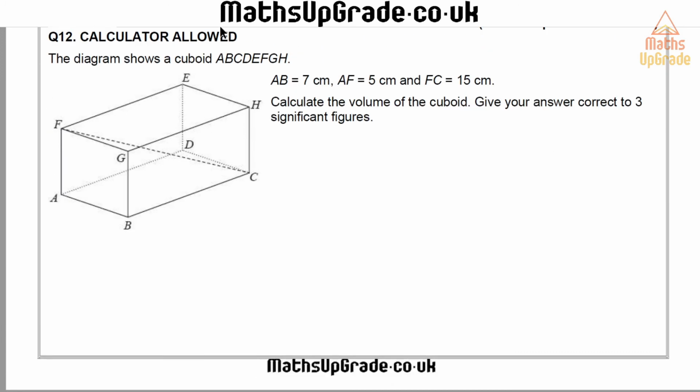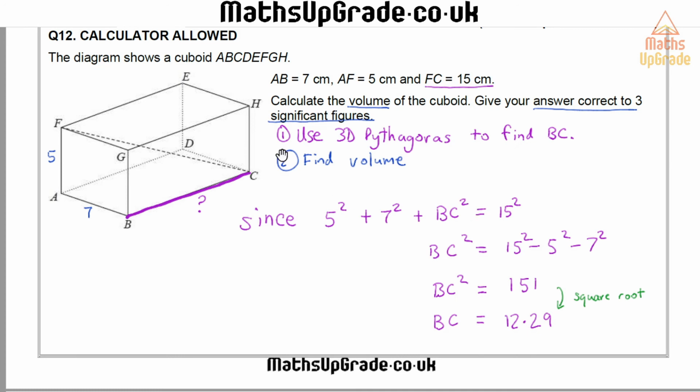So let's follow it through now. So here's the steps I'm going to take. First thing I'm going to do is use 3D Pythagoras. If you're not sure on how to do that, be sure to look at my video clip on this channel or look at the PDF on MathsUpgrade.co.uk.